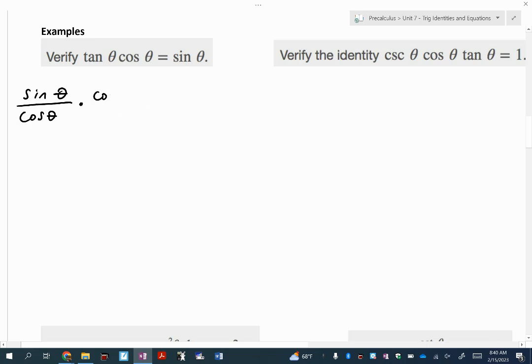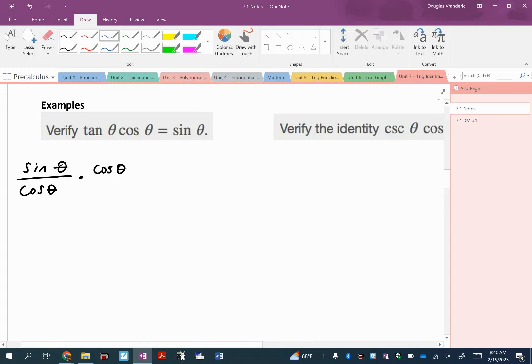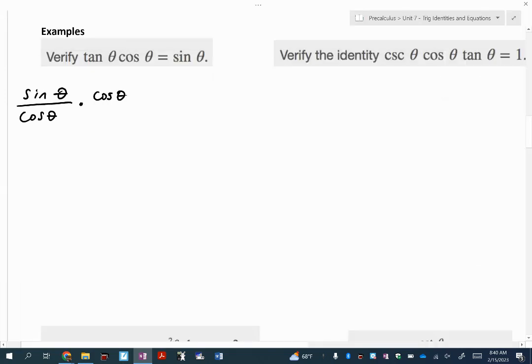One thing I'm going to try this year that I haven't really done in the past is to put, off to the side in a different color, the identity that I used: tangent of theta equals sine of theta over cosine of theta. That way, when you check your work, you can see where I got that. It didn't just pop magically into my head. I know this identity.